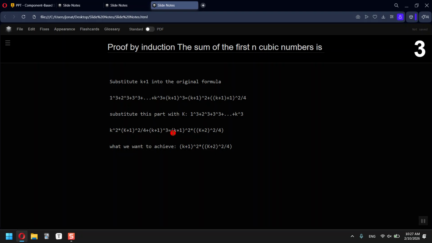We can see that k squared plus 4k plus 4 is just (k plus 2) squared, right?